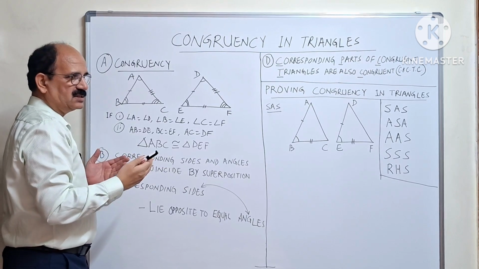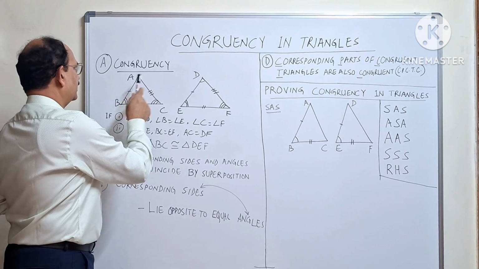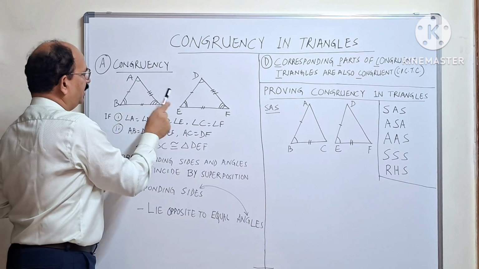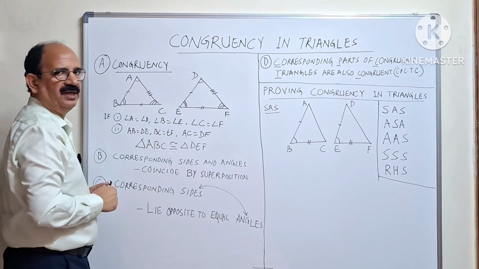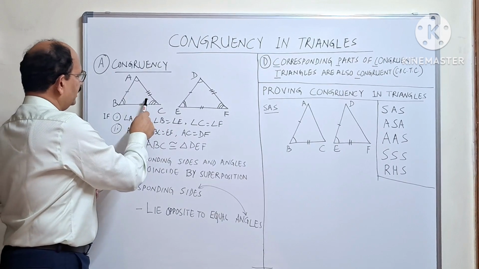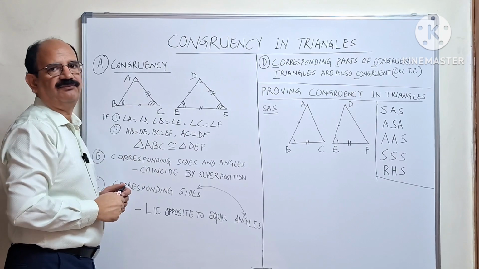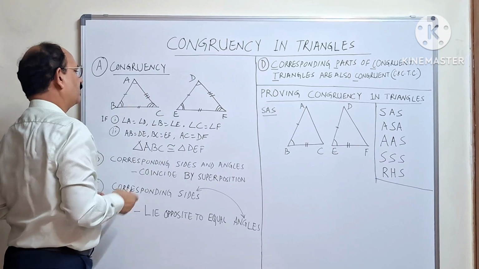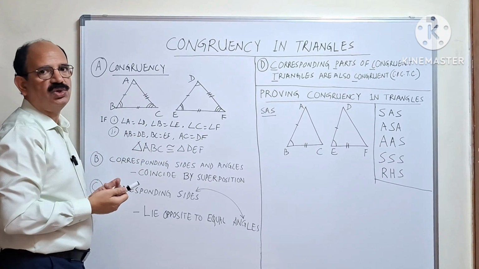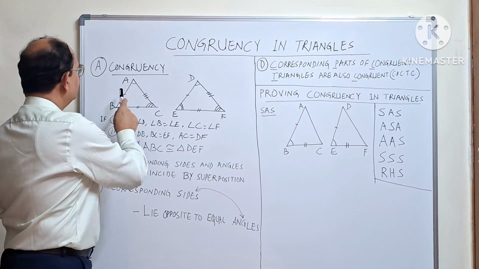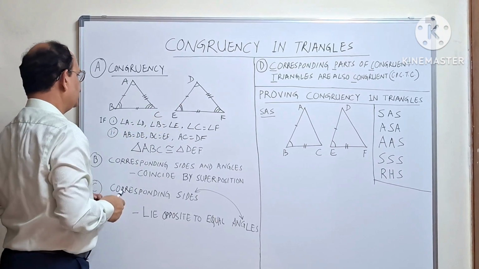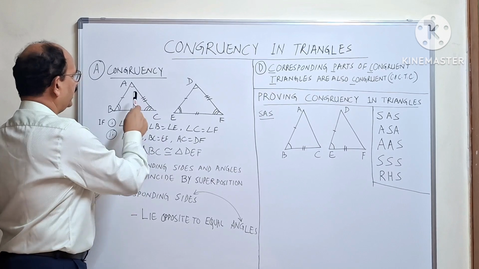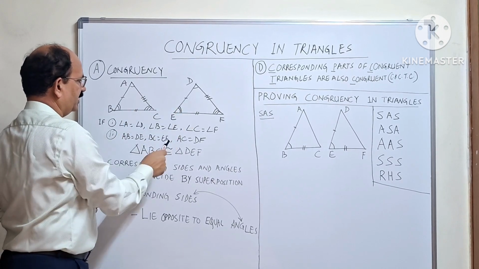What that means geometrically is that angle A and angle D will be equal, angle B and angle E will be equal, angle C will be equal to angle F. Also, if it has to exactly overlap, then the corresponding sides also need to be equal, which means AB will be equal to DE, BC will be equal to EF, and AC will be equal to DF.